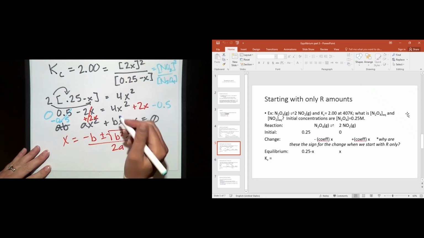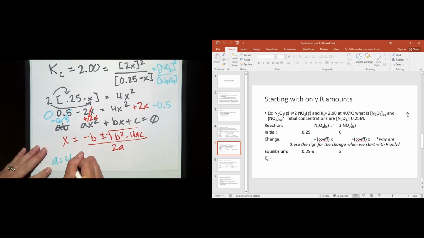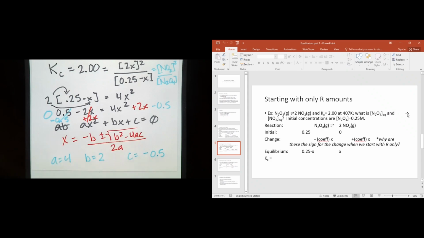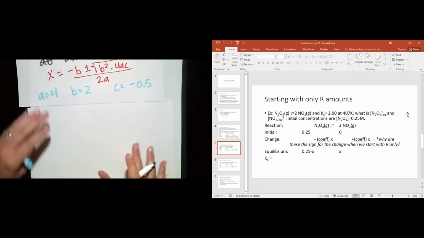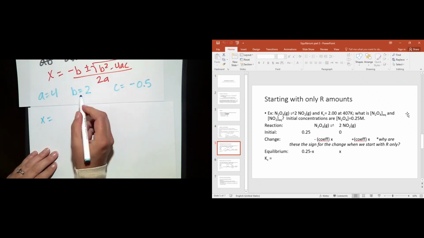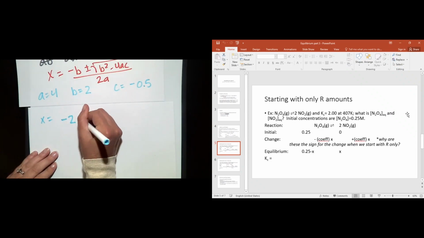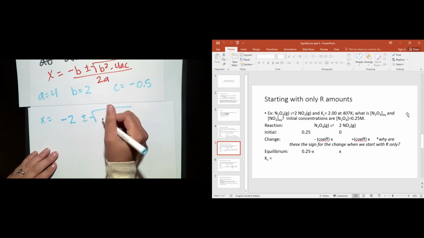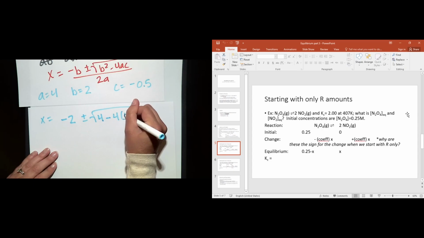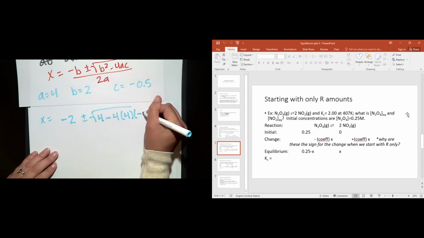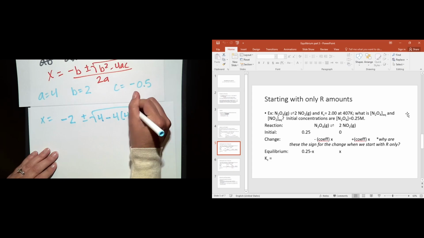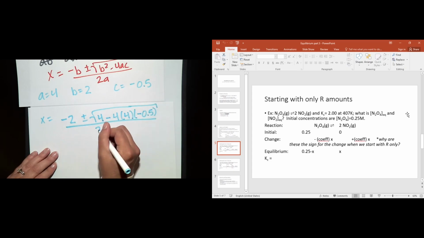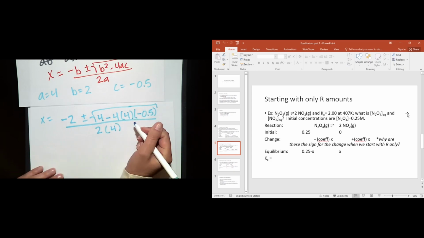Okay, so a equals 4, b equals 2, and c equals negative 0.5. All right. So x equals the opposite of b, which is negative 2, plus or minus the square root of b squared, which is 4, minus 4 times a, which is 4, times c, which is negative 0.5, all over 2 times a, which again is 4.